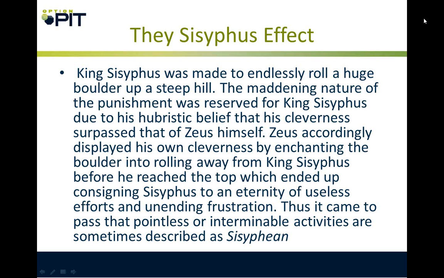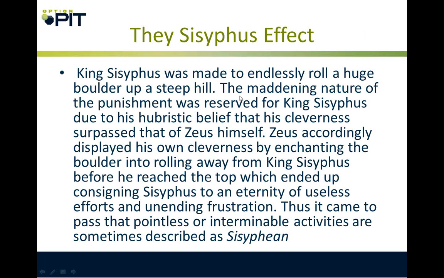So what Zeus did was Zeus basically had him roll a rock up a hill every day, and right as he was about to get to the top, at which point his task would be done, the rock would roll back down the hill. It is to represent futility and permanent failure and a pointless, interminable task.